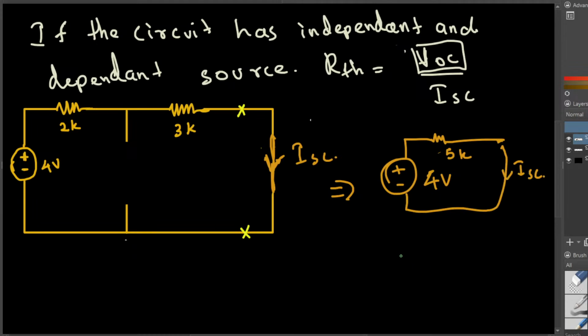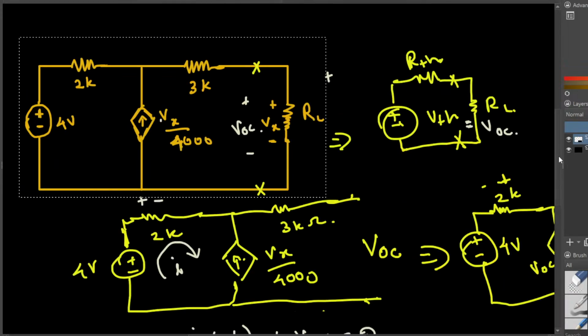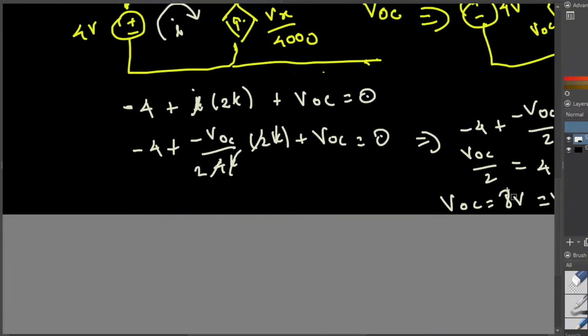So if I use that, I can find the ISC. ISC is going to be what? V divided by R. That's 4 divided by 5k, which is 0.8 milliampere. Now we have the ISC, and we already found our VOC. This is our VOC, this 8 voltage we found before.